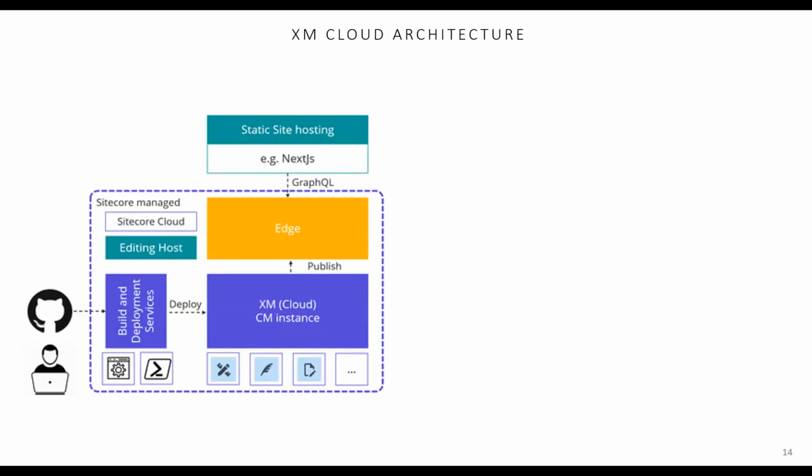So in terms of architecture, XM Cloud comes with the deployment services and then the content management instances and interfaces that we talked about. And it handles all the publishing to Experience Edge. Other vendors are available, I believe, as well. But the bit in the blue dash box is the main focus of the architecture. We touched on most of these points, but hopefully that makes sense.